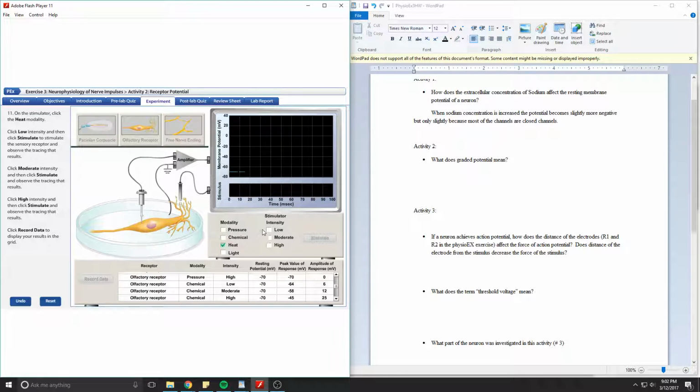Record data. Gotta do heat now. This is not terribly exciting. Yep, heat didn't do anything. What a shocker. Now light.